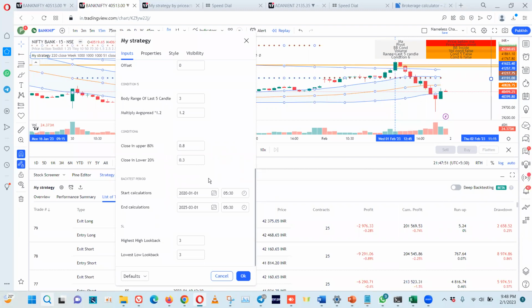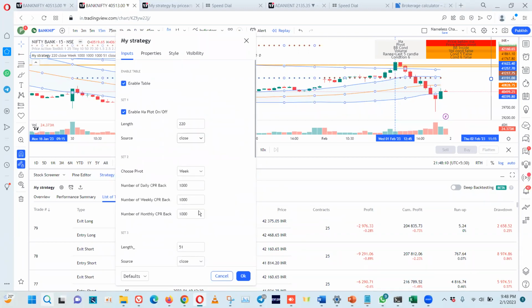Okay, and then we have highest high look back, that is for stop loss. If I increase stop loss, profit is increasing, almost same, not changing. So I can keep 3 or 4.